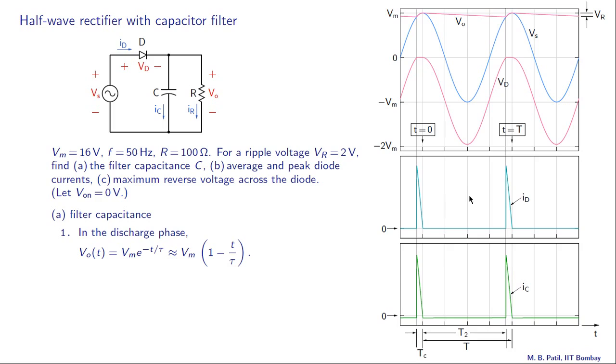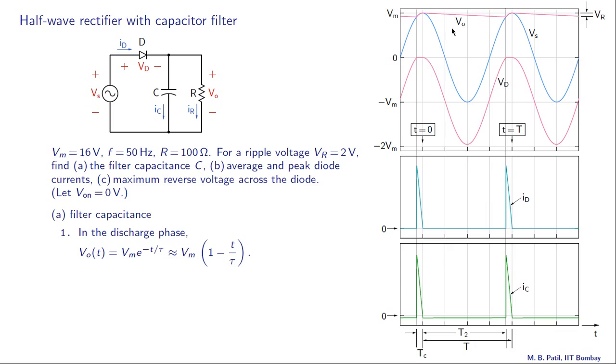And this interval, which is marked as T2 here, corresponds to discharging of the capacitor through the resistor. So the diode is off, and because the capacitor is discharging through the resistor, we have this drop in the output voltage. At this point, once again the diode starts conducting, and the output voltage increases.